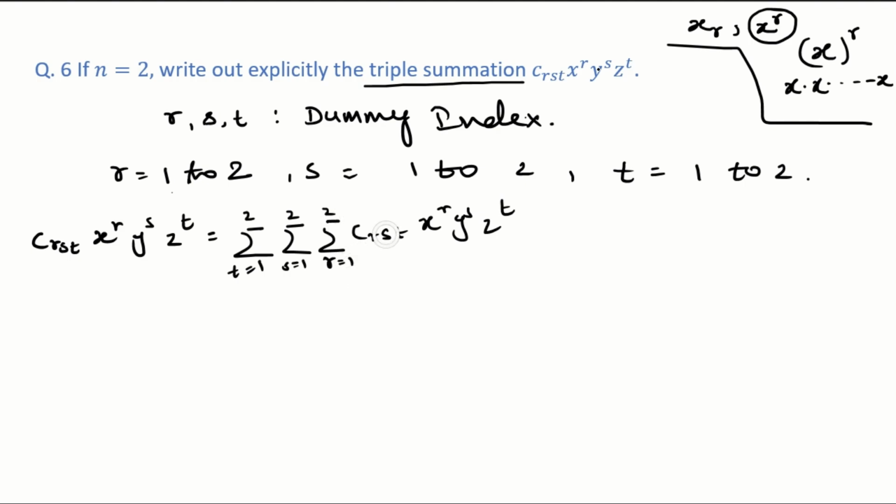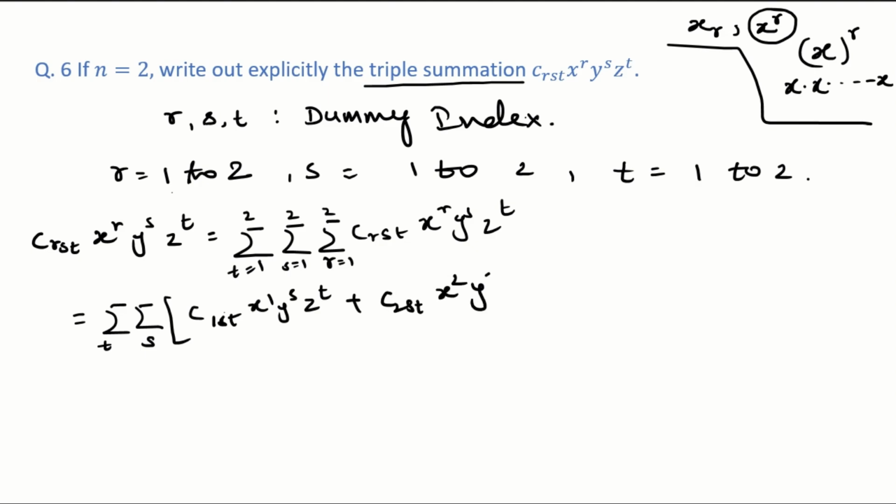When you put r as 1 and then r as 2, you will get two terms. Keeping the summation over t and over s, first let's substitute r as 1, then c_1st x^1 y^s z^t plus c_2st x^2 y^s z^t.